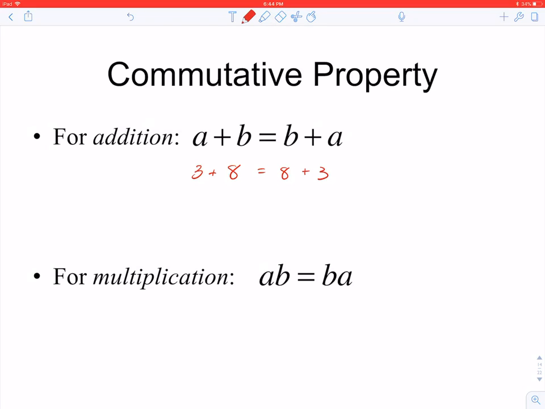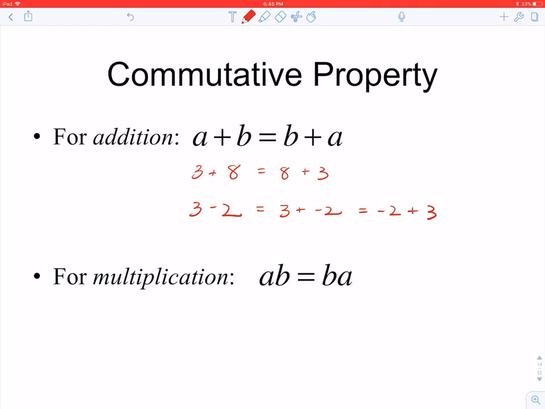But if we had something like 3 minus 2, that could also be thought of as 3 plus negative 2, which then, applying the commutative property, is equal to negative 2 plus 3. Okay, so anytime you think of subtraction, you could also think of it as addition, where then the commutative property does hold.